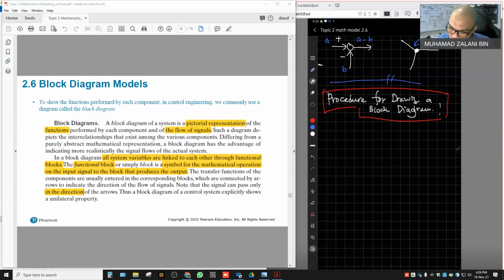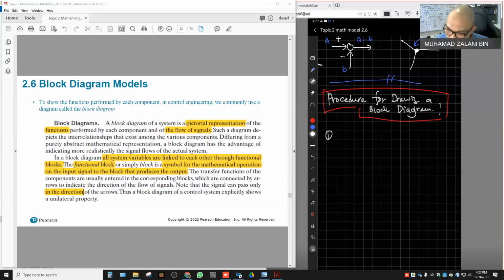First thing first, when there is a physical system, we write the equations that describe the dynamic behavior of that physical system. Meaning that we try to understand the physical behavior and write each component's equation.